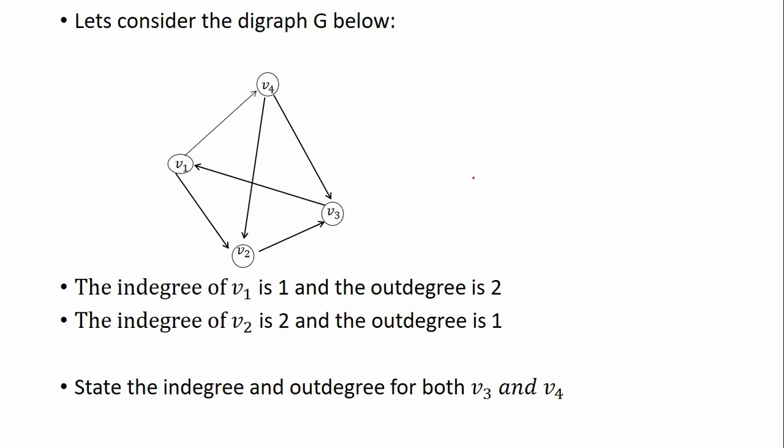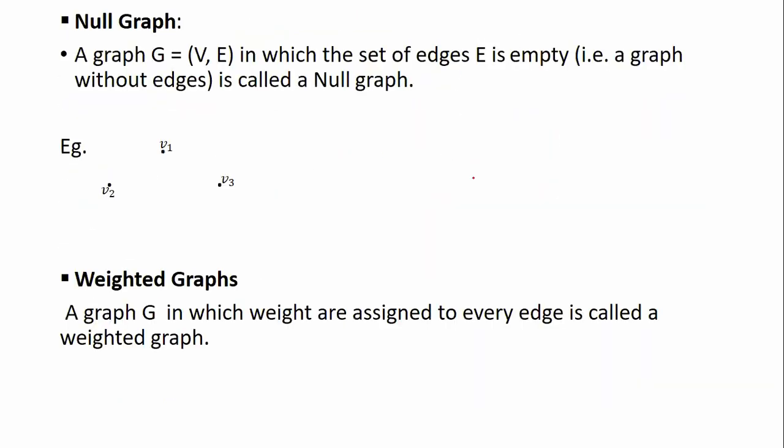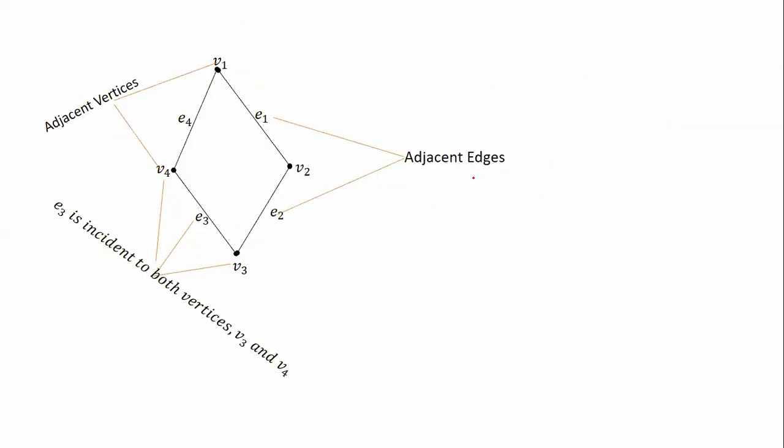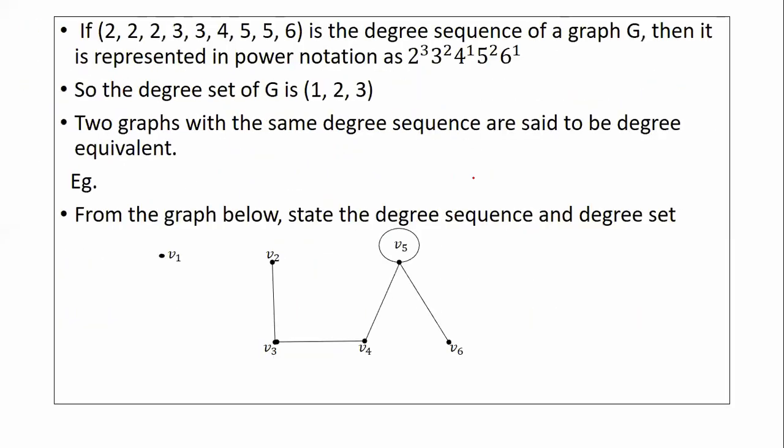Let's try one for non-directed graphs. Try this one also, 2 minutes. Okay, let's start with V1. Get the matrix. V1 to V1 is what? 0. To V2: 0.